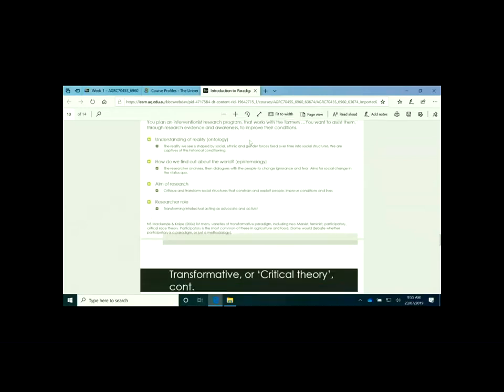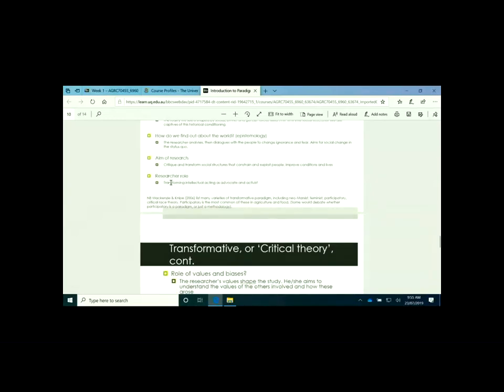I'm not going to talk about that one. You can have a look at that and also look at the module. And like I said, it's not common in agricultural research, but essentially the difference here is it's transformative or critical thinking.